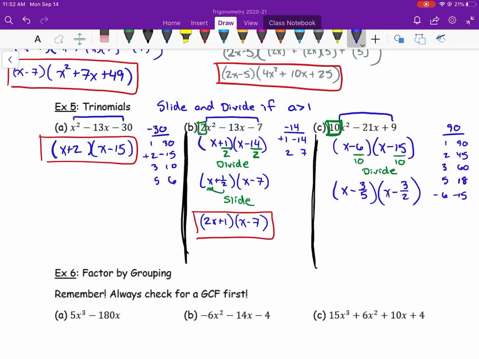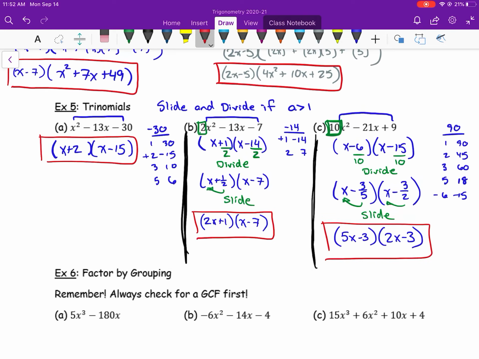So neither of these broke into nice whole numbers. So I'll take my bottom, I'm going to slide to the left. So that 5 goes in front, 5x minus 3 times 2x minus 3. Final answer, all done.